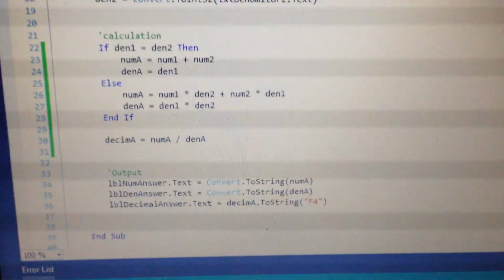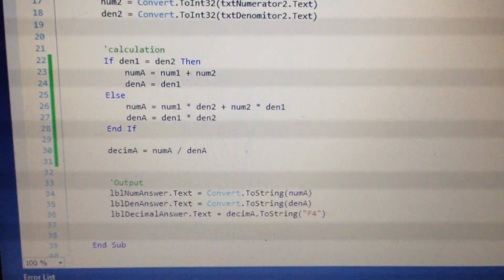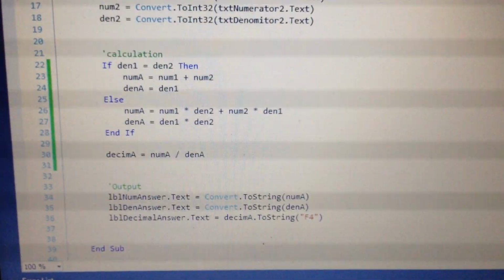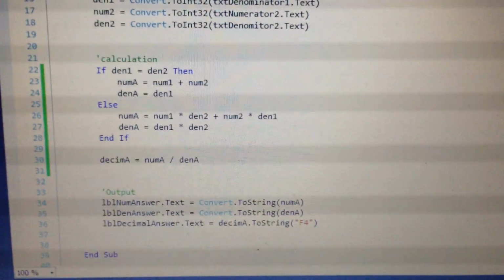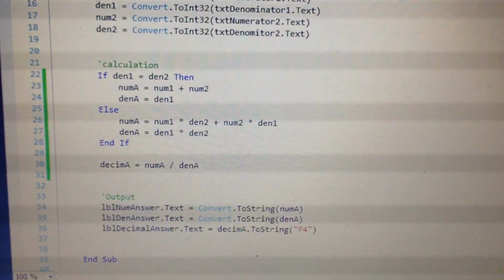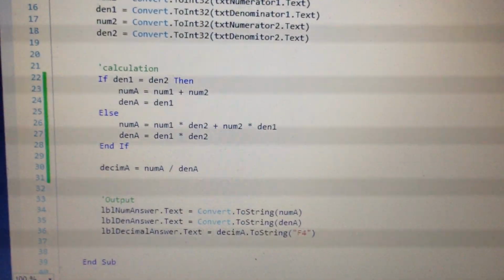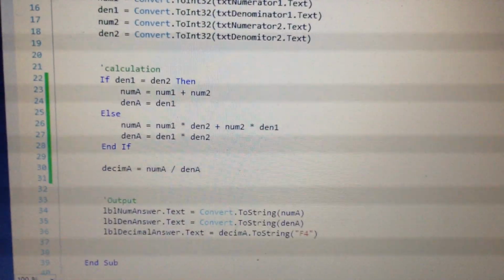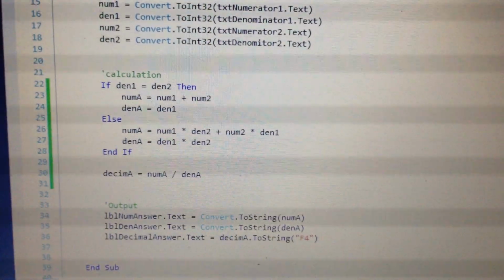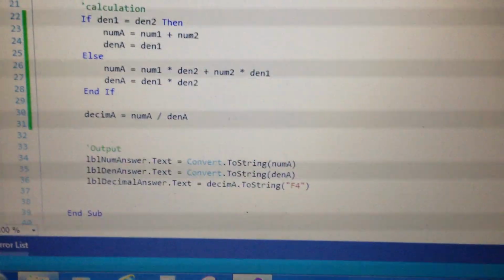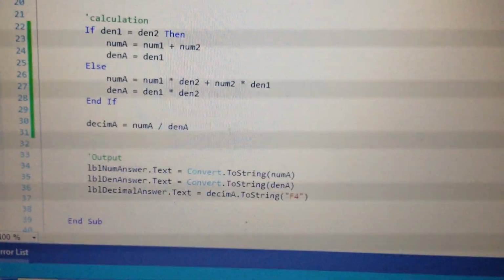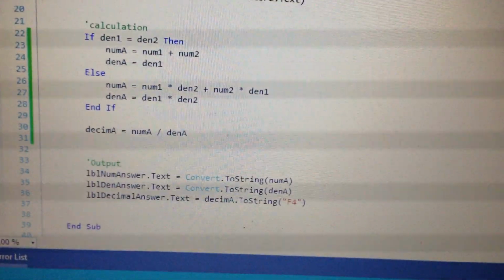Okay, after that, we'll have our numA and denA already established. So to find out in decimal form what that is, we're simply going to make decimA equal numA divided by denA.